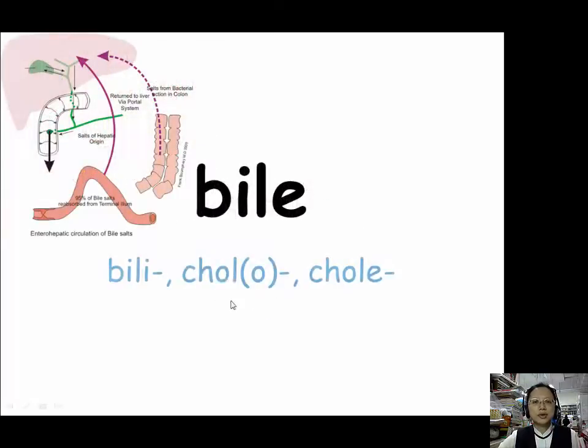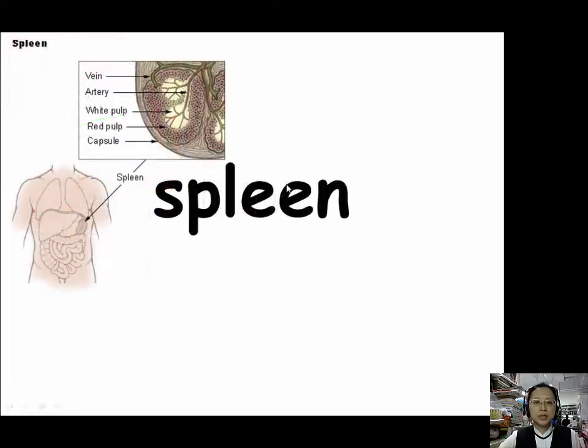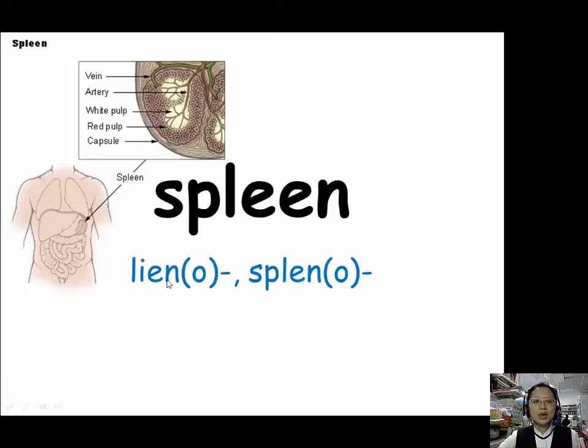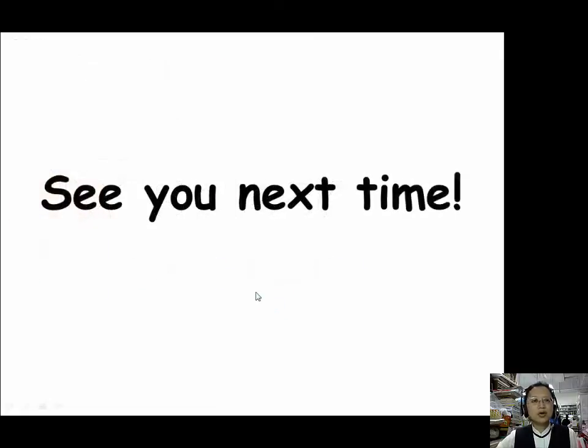For bile, we have three prefixes, BILI, CHOLO, and CHOLE. For spleen, we have two prefixes, lieno, LIENO, and spleno, SPLENO. That's all for lesson 11. Next time when we come back, we'll start with lesson 12.